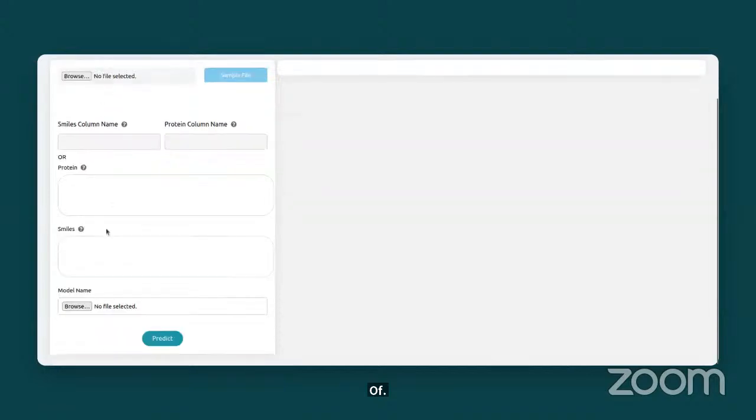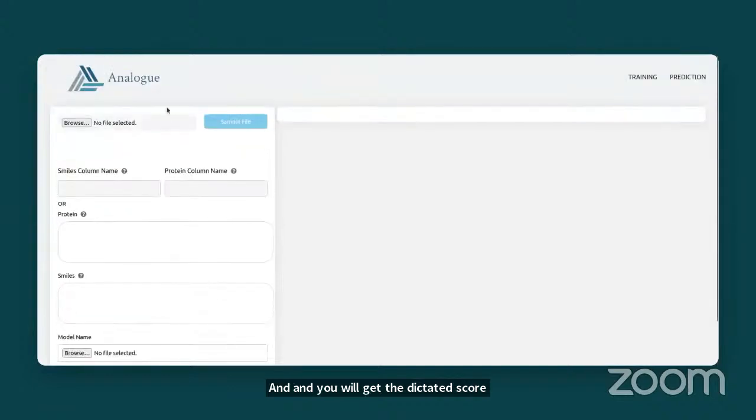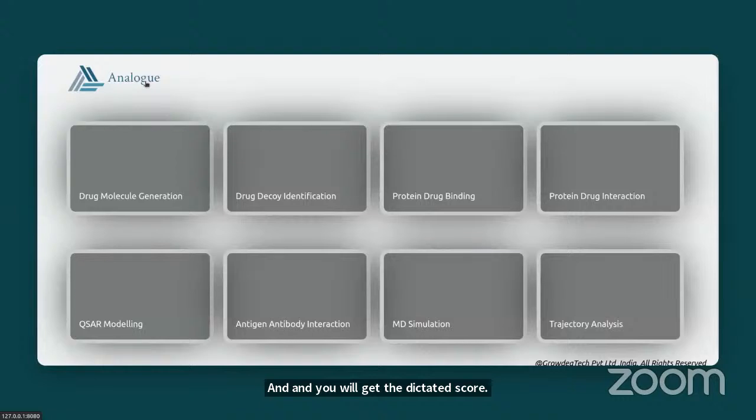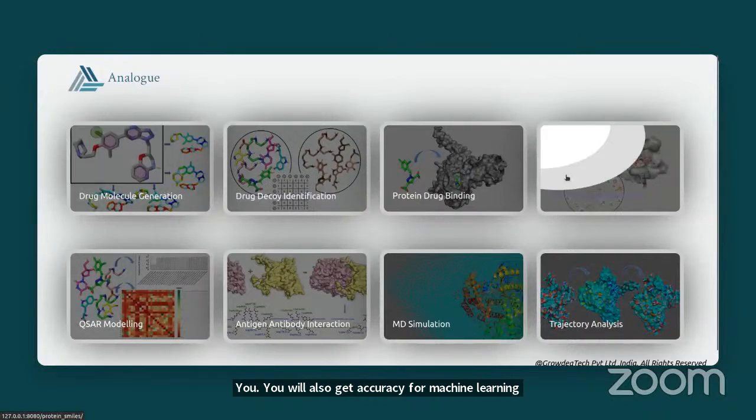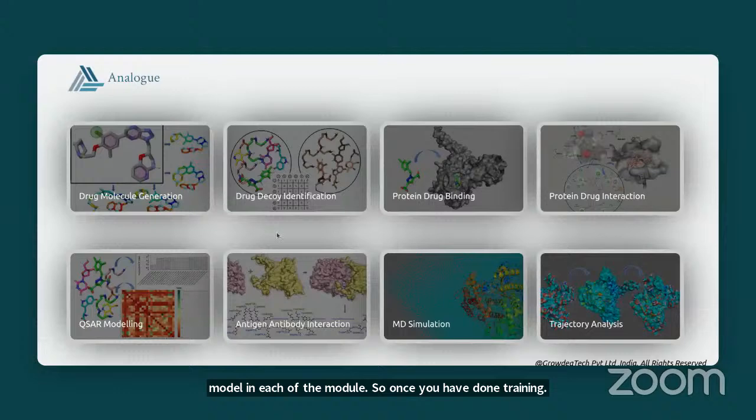You can also give the sequence here and SMILES here if you just have one target protein and small molecule, and you will get a predicted score. You will also get accuracy for the machine learning model in each of the modules. Once you have done training, you will get an accuracy value as well as a plot to show the accuracy of the module.